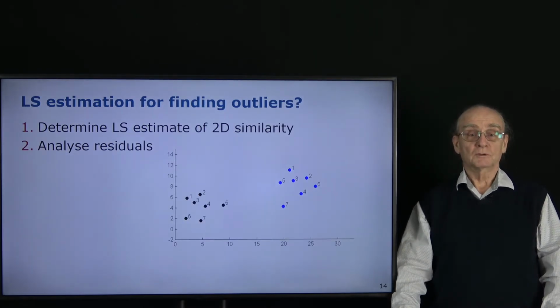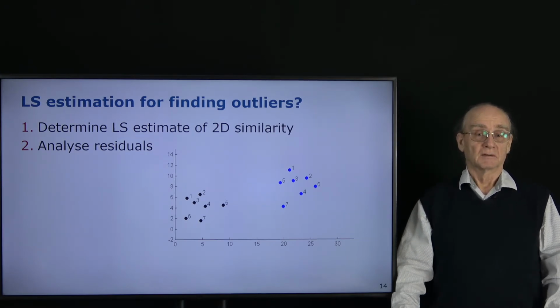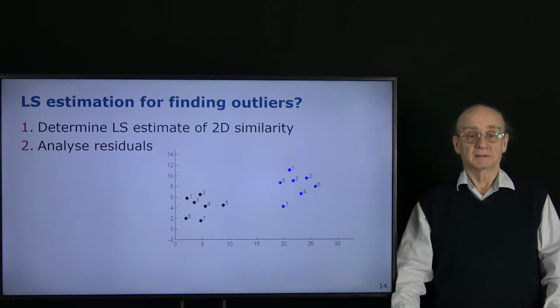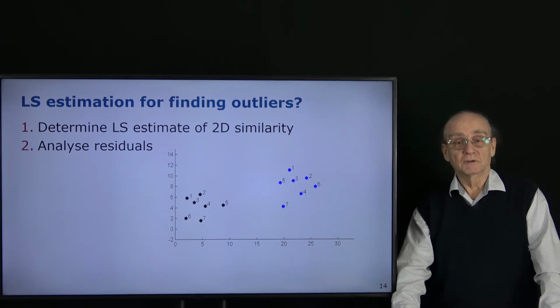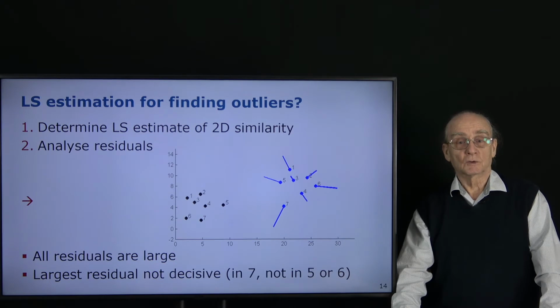Now, of course, you would like to know whether least squares estimation may be useful for finding outliers. We have just argued that this is not the case. So let's take these two point clouds, left and right, as we discussed in the previous slide. If we make the estimation of this planar similarity, we will get those residuals. We see that the residuals are really large, partly larger than the diameter of these points.